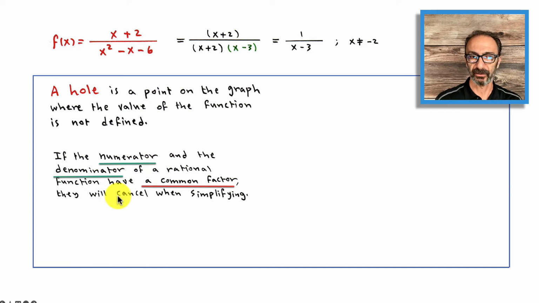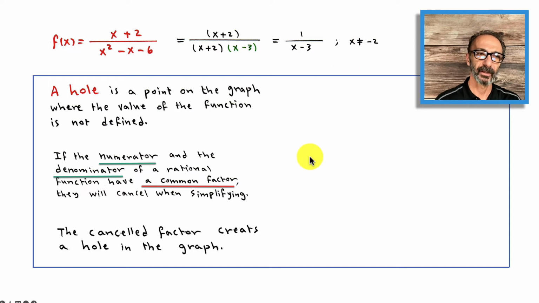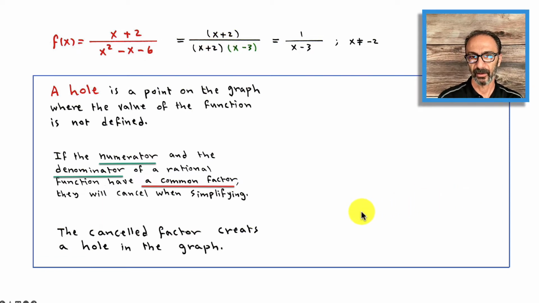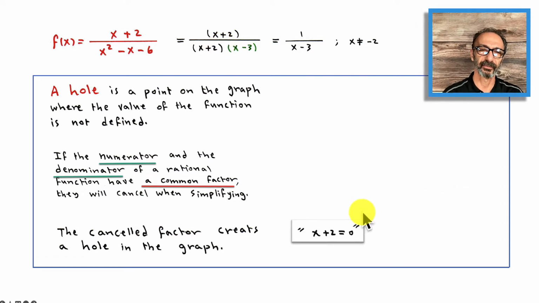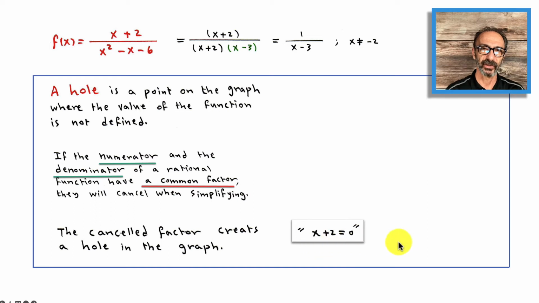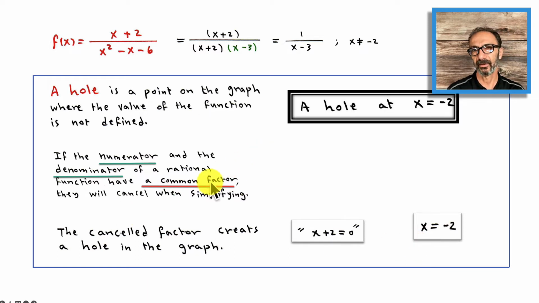They will cancel when simplifying, of course. We'll cancel them, but we have to keep that in mind. The canceled factor, so the whole focus is on x plus 2 now, creates a hole in the graph. This is the factor. So what makes this factor 0 is actually x equals -2, which means we have a hole at x equals -2.